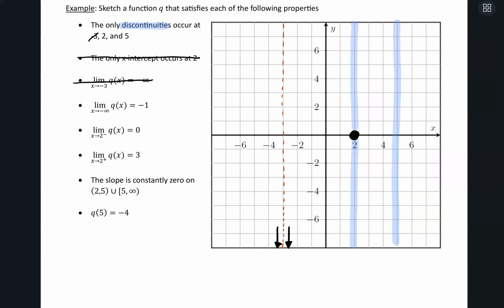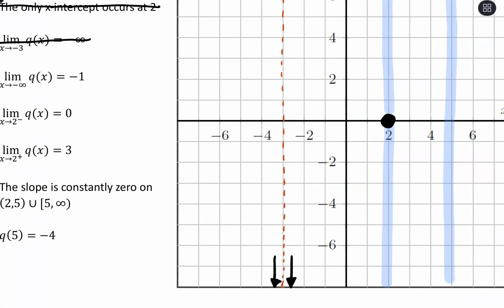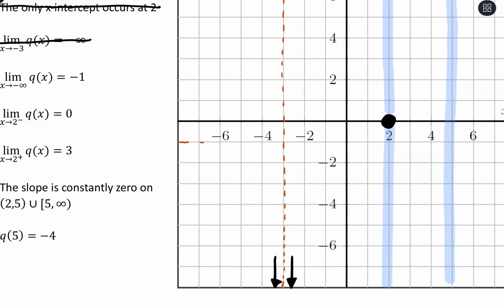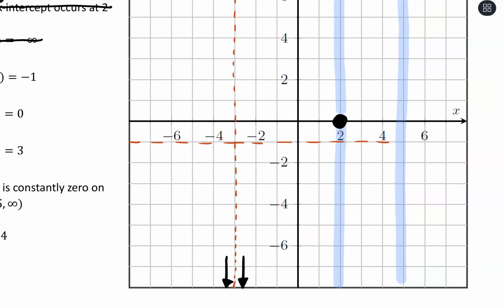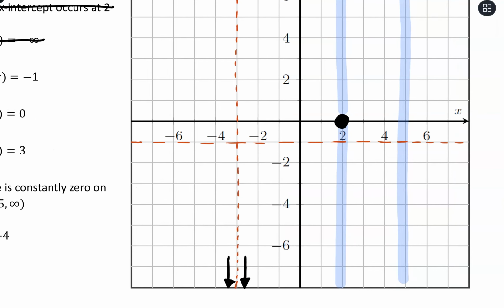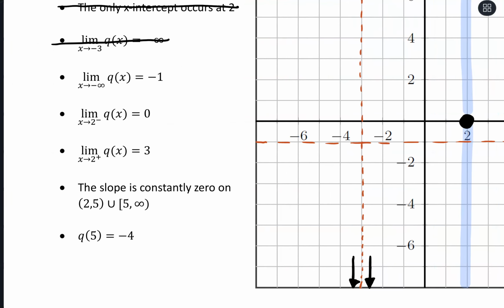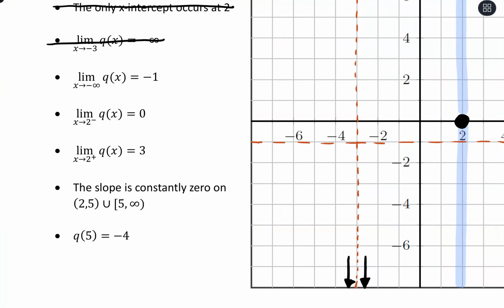The limit as x approaches negative infinity is -1. So x approaching negative infinity, this is the idea of a horizontal asymptote. So with that, we're going to have a horizontal asymptote of y equals -1. And what that tells me is, I don't think I have anything going on with x less than -3.